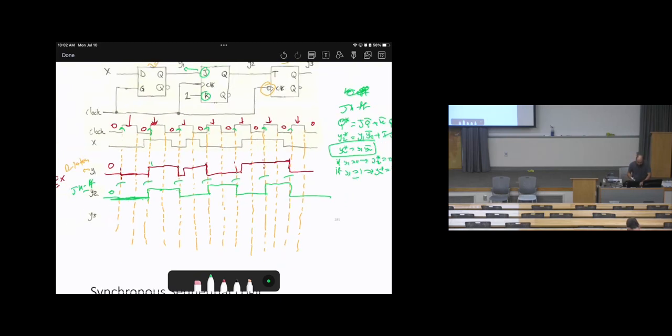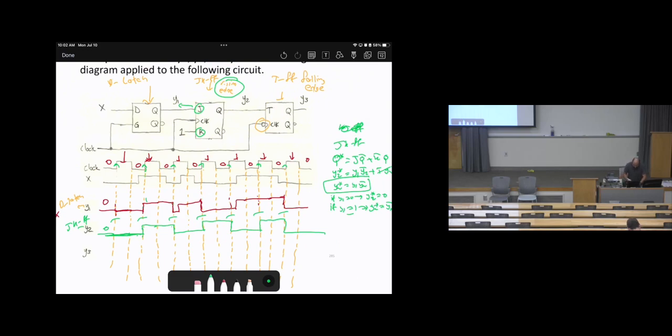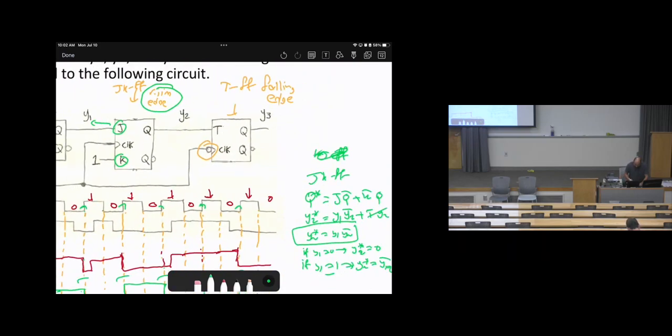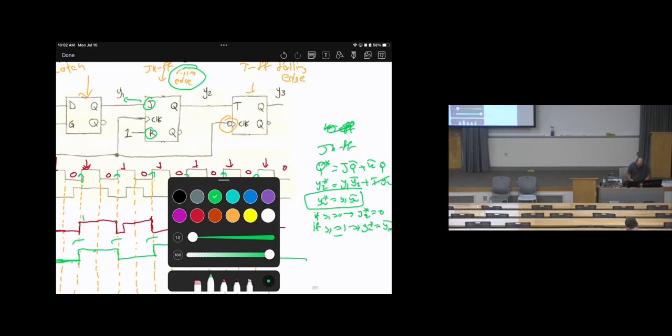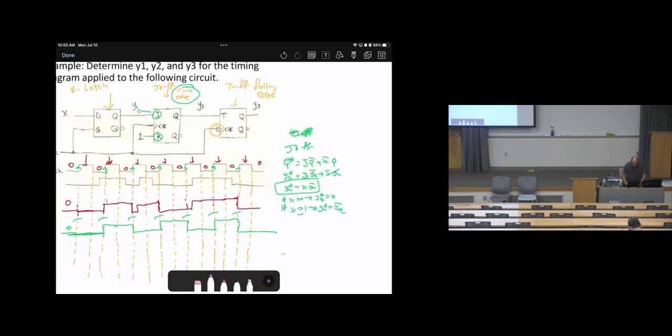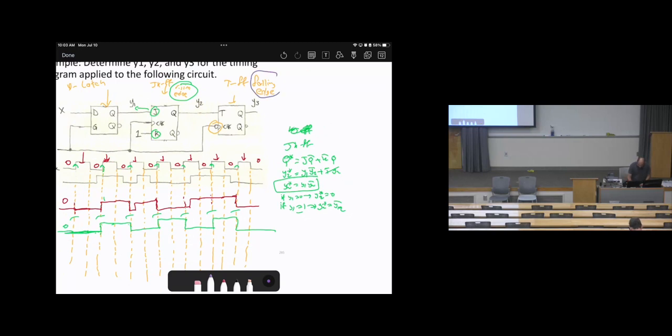Now the last one, keep in mind the input now is Y2 and it's falling edge. So the last one, I'm gonna draw it with purple color. So here it's falling edge, and we have the input is Y2.